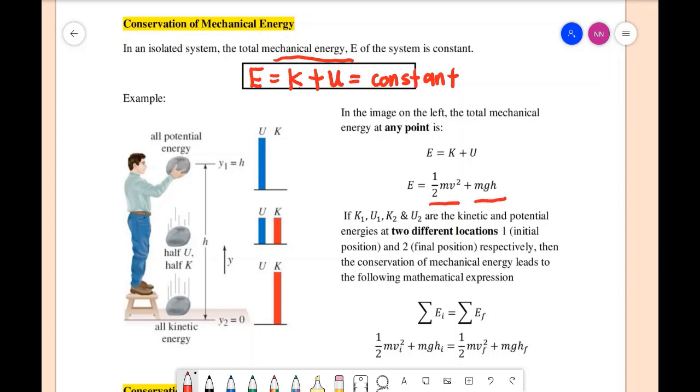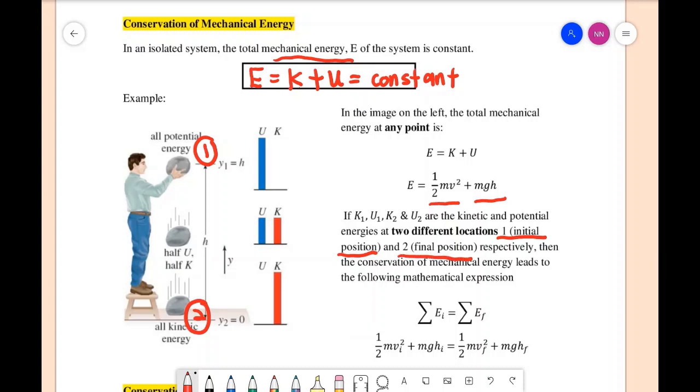If K1, U1, K2 and U2 are the kinetic and potential energy at two different locations, 1 and 2. This is location 1 and this is location 2, where location 1 is the initial position and location 2 is the final position respectively.